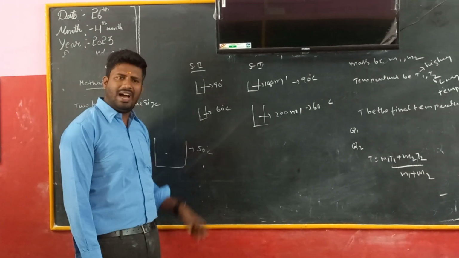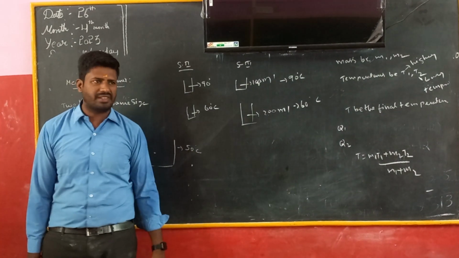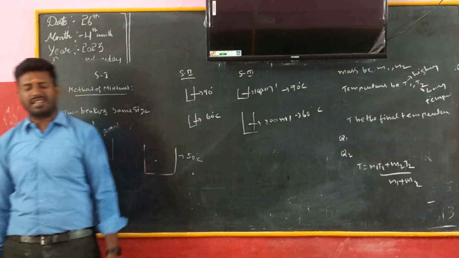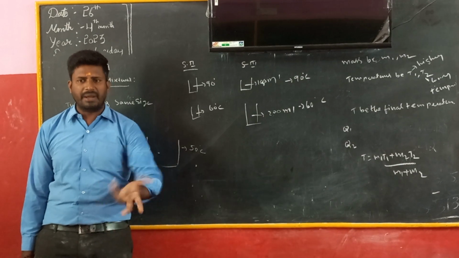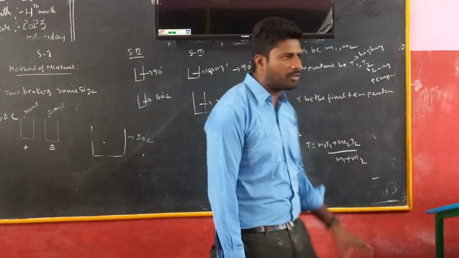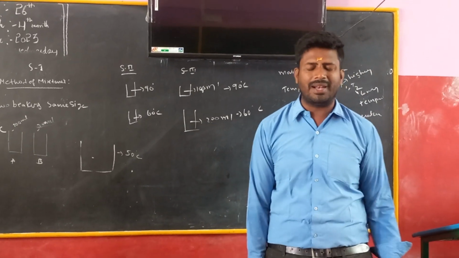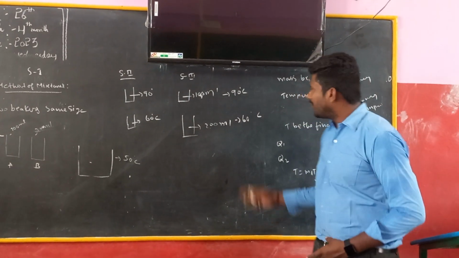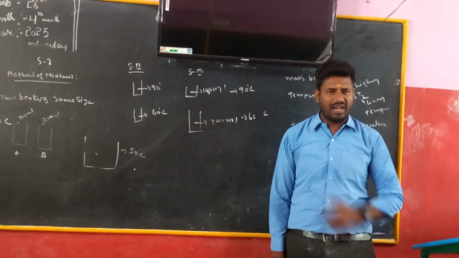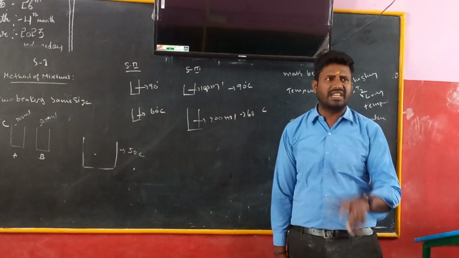Here also, the temperature of the mixture is less than the temperature of the hotter sample, and the temperature of the mixture is greater than the temperature of the cold sample. Let us take situation number 3. Here we take two beakers, one with 100 ml of water and another with 200 ml of water. One beaker is heated to 90 degrees Celsius, another to 60 degrees Celsius.